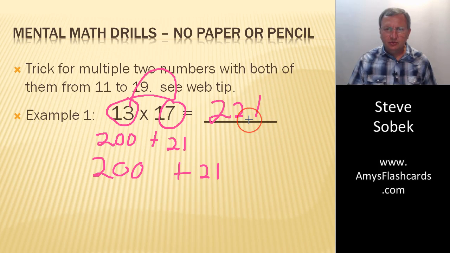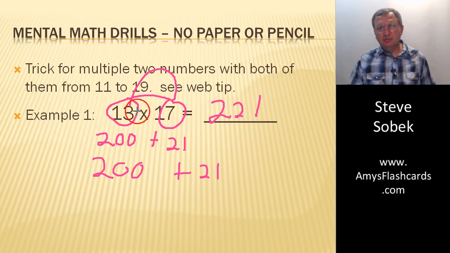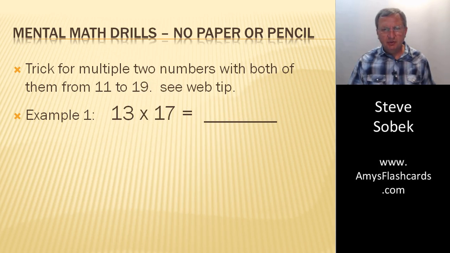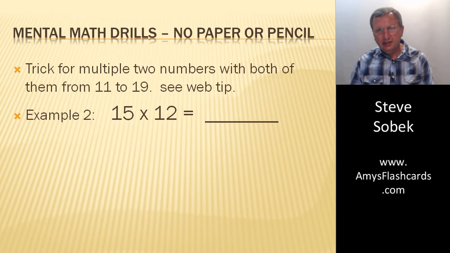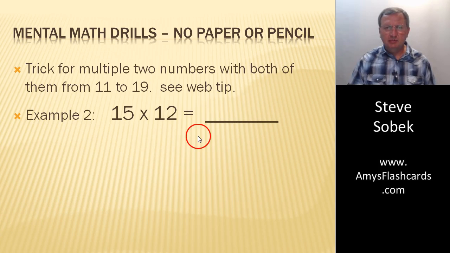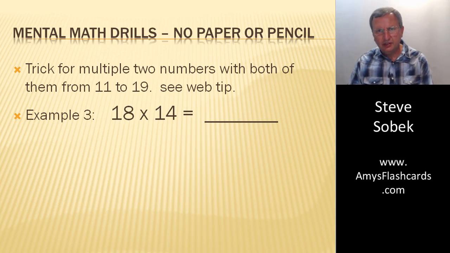And the answer is 221. So all the numbers from 11 to 19 work the same way. 15 times 12, you're thinking, what is 170 plus another 10? 180.